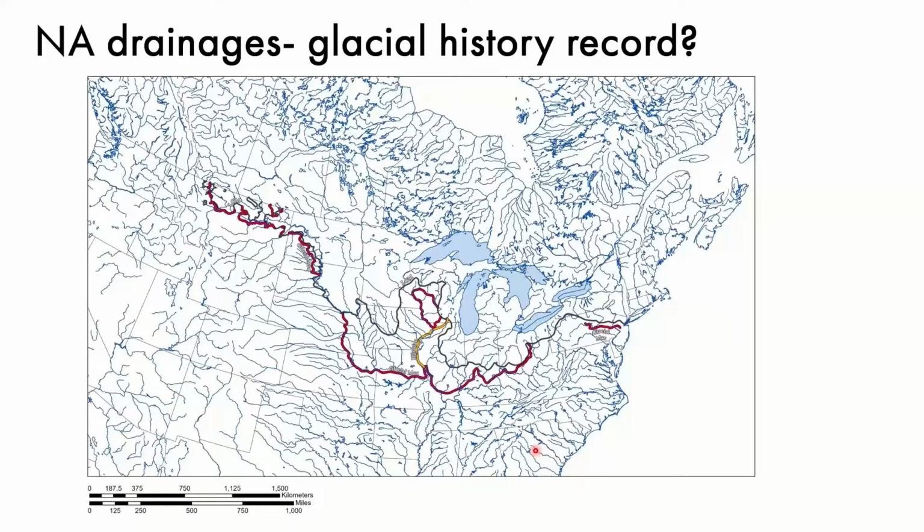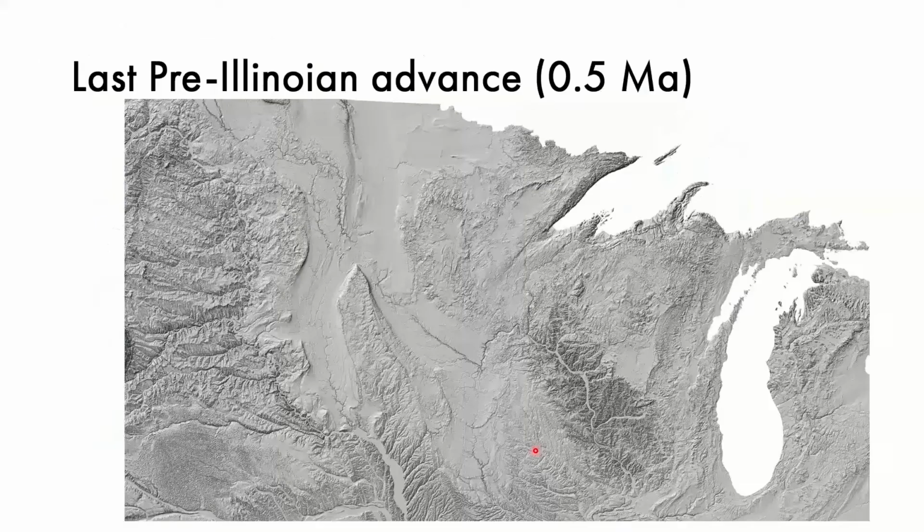And one thing that is really neat is that there's pre-Illinoisan advances, and we can see them on the surface if we look at them with a certain interpretation. So the last pre-Illinoisan advance probably followed the same pathway as the Des Moines lobe, but kept going into eastern Iowa.